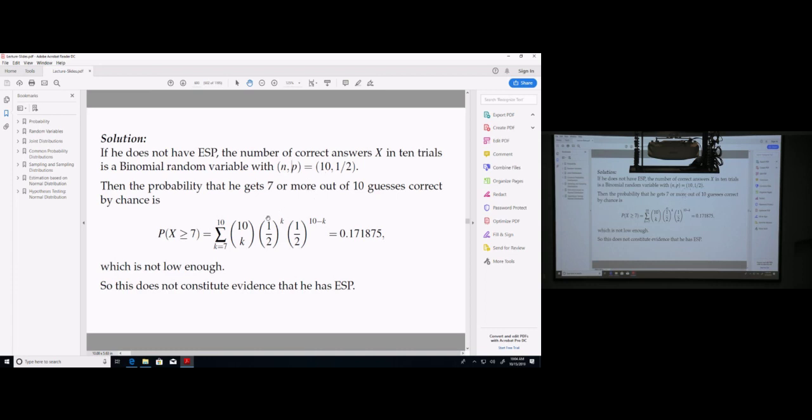That is why in the next chapter, we will talk about sampling and sampling distributions first, how the probability depends on your sample.